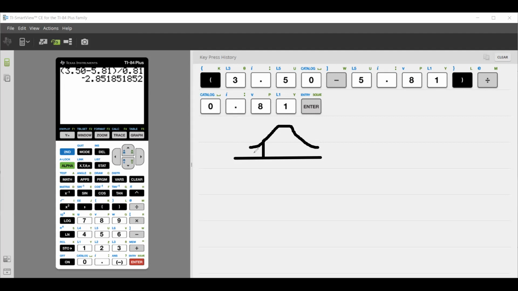How am I going to get this tail area? How did we do that in section 6.1? Do you remember? Negative 2.85. I need the area in the left tail. How do I get that?